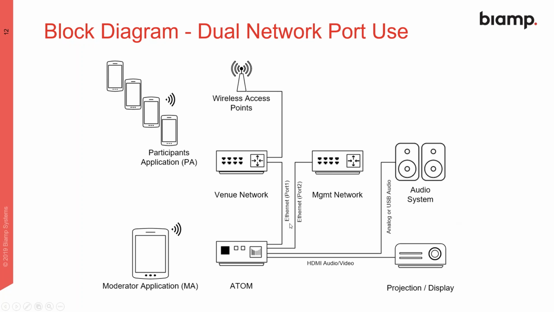Now, here is a typical connection drawing for a fixed installed CrowdMics system using two network ports. We are now separated into a public network, which is only used for Atom to app communication. So that's all what's happening here on this side. And all of the other critical things like access to the administration web page is now isolated to the management network, which is here connected to Ethernet port number 2.